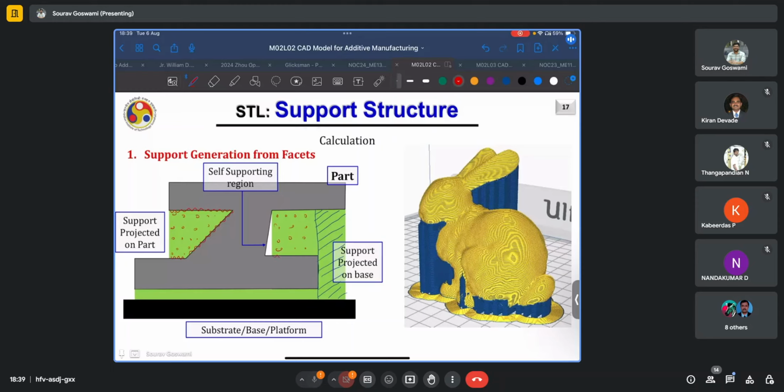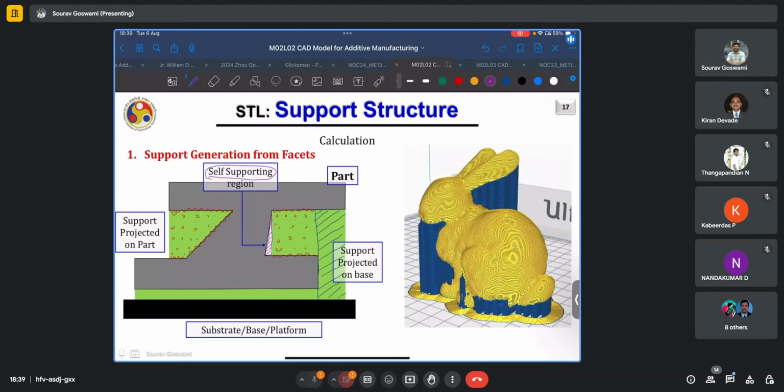In this case, you have these two surfaces, and there is this small region over here, which though having an overhang, the overhang is small enough that it does not require any explicit support. Thus, it is called the self-supporting or self-supported region.